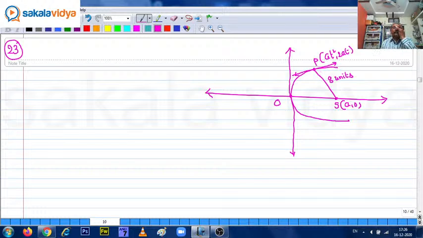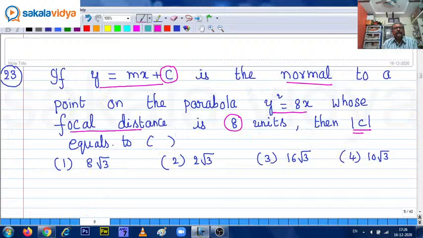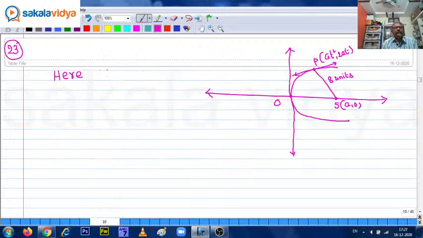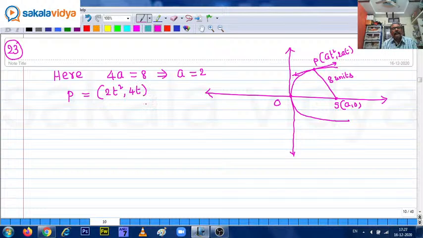Now first, go back. y square is equal to 8x. Comparing to y square is equal to 4ax, 4a is equal to 8, so a value is equal to 2. So now P becomes 2t square comma 4t, and the focus S becomes 2 comma 0.